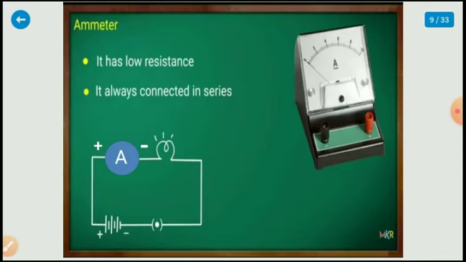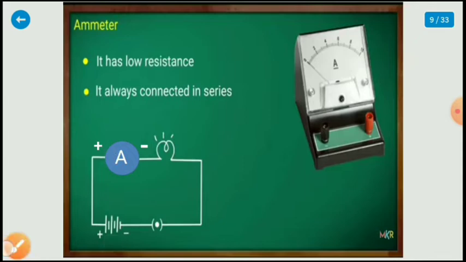So we can see here the simple circuit diagram of the bulb, battery and the switch. In this, the ammeter is connected in series. Battery positive is connected to ammeter positive.